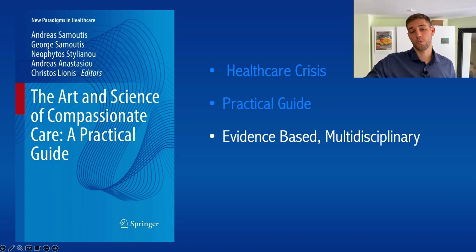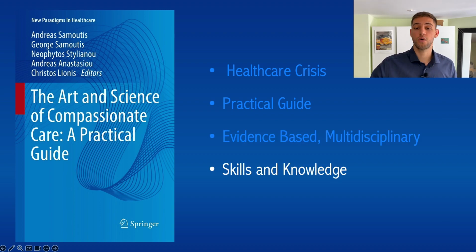And through the book, we provide evidence-based methods in order to implement this. And it's a book that's been written by a multidisciplinary team of doctors, academics, psychologists, nurses. We have healthcare managers, healthcare policymakers, medical students, and patients that have all contributed in order to provide the skills and knowledge that will help decrease the costs of healthcare, and the most important one, improve and save the lives of patients around the world.